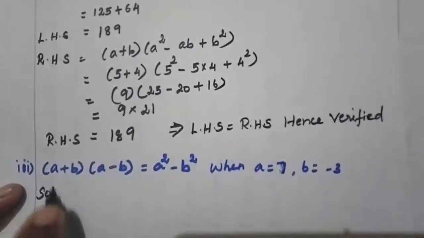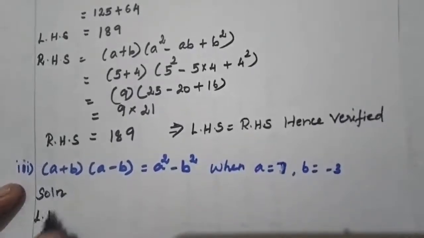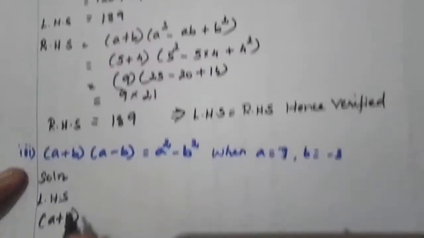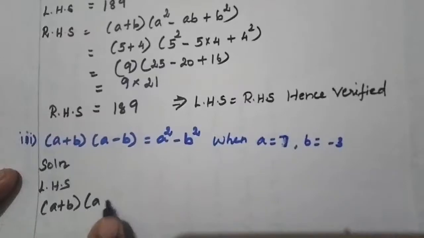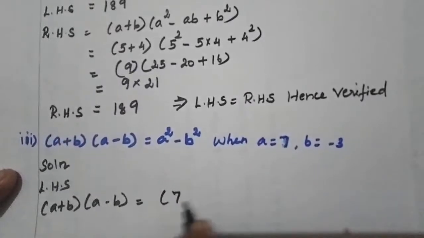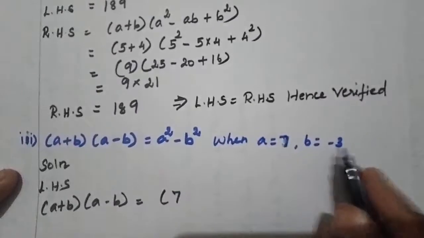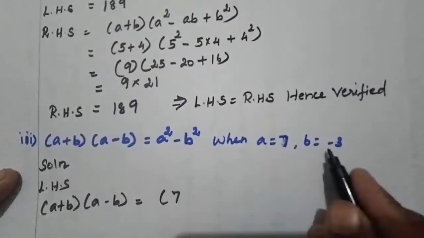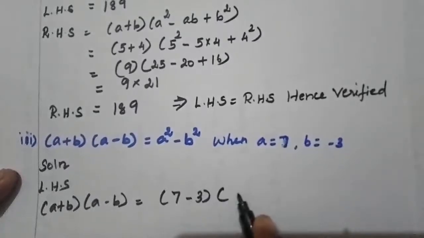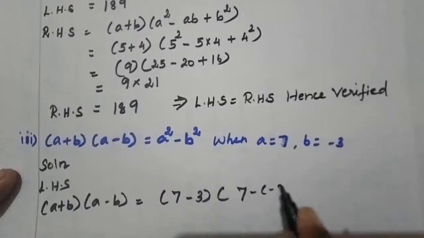So, start with LHS. (a plus b) into (a minus b). So a is 7 and b is minus 3. So plus into minus is minus 3. Here, 7 minus of minus 3.